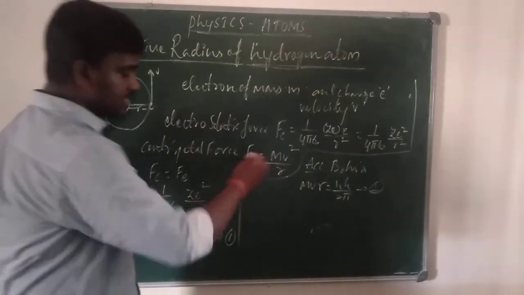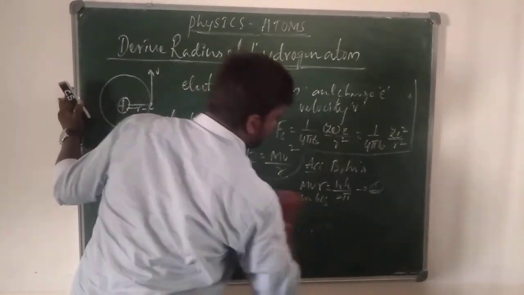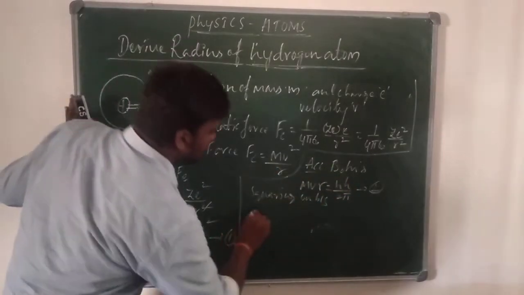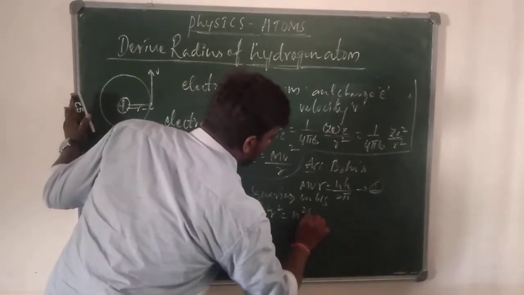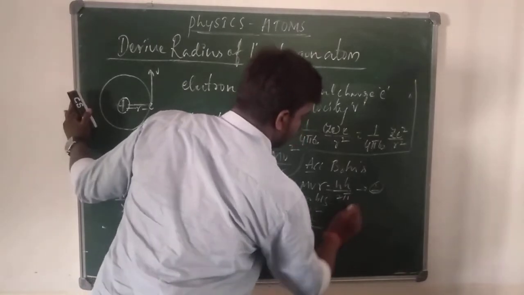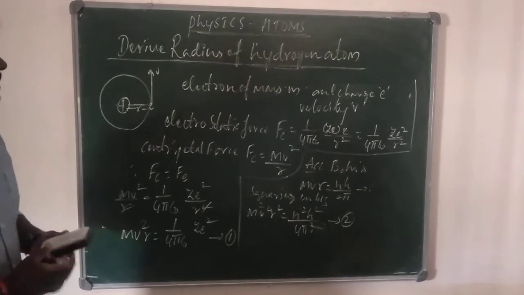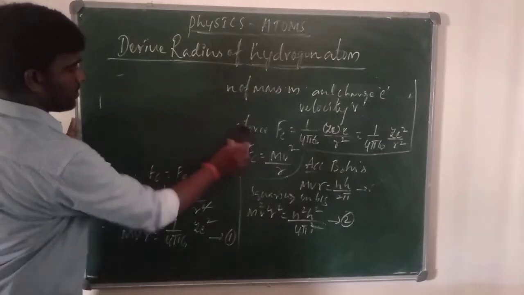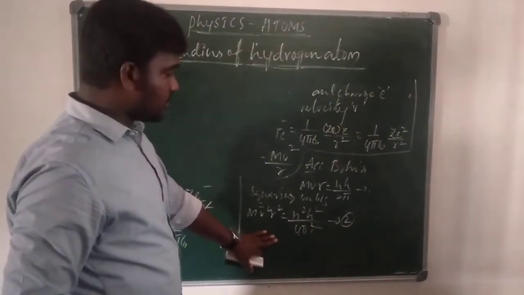Next, squaring on both sides, this equation becomes m square v square r square is equal to n square h square by 4 pi square. This is equation 2.